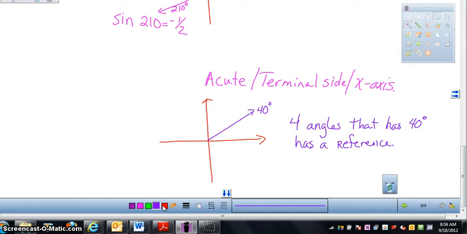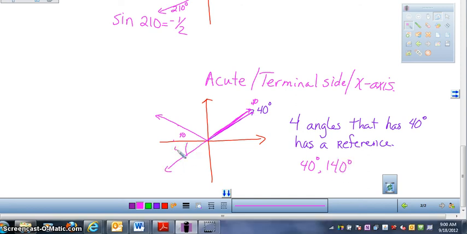All right, my 4 answers. The first one I already have, 40 degrees, right? It's first quadrant, so one of these angles is 40. You already have it. In the second quadrant, it would be here. So if this is 40, we could use some math and figure out that that's 140. In the third quadrant, we know this distance is 40.